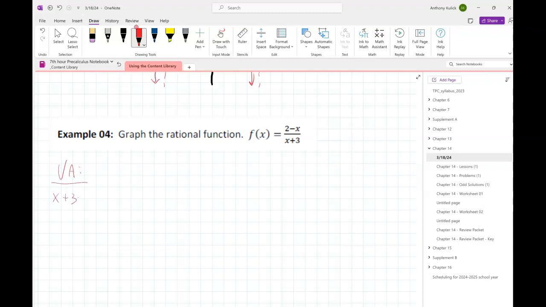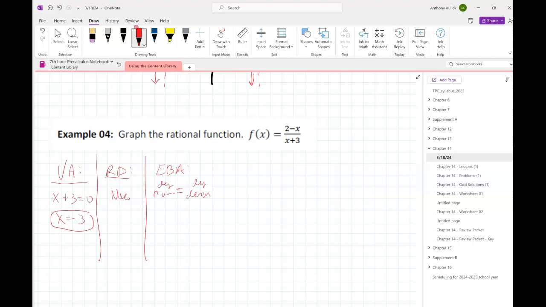Vertical asymptotes: denominator set equal to 0. Because I could do no reducing, I know there is no removable discontinuity. For the end behavior asymptote, the degree of the numerator equals the degree of the denominator.